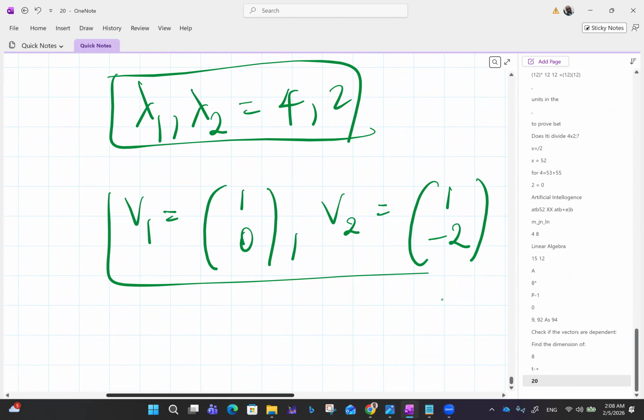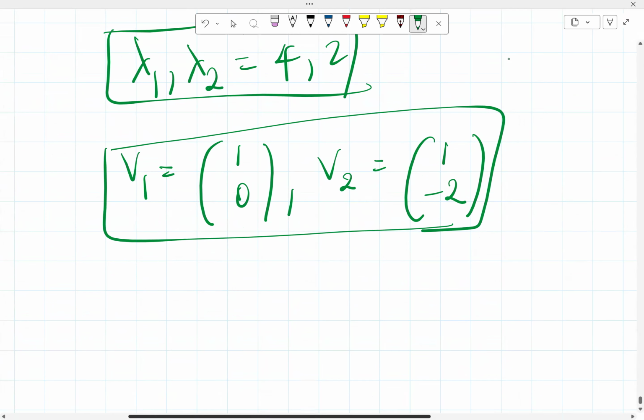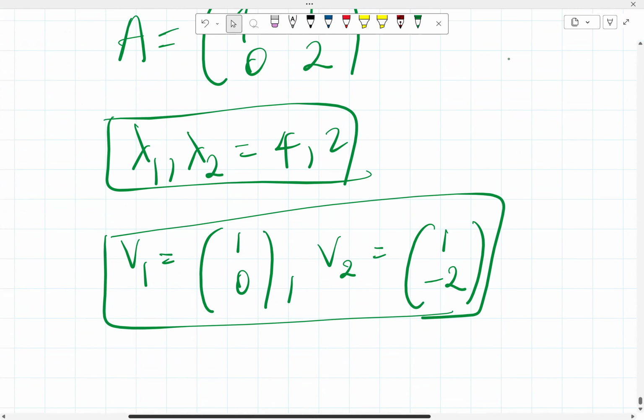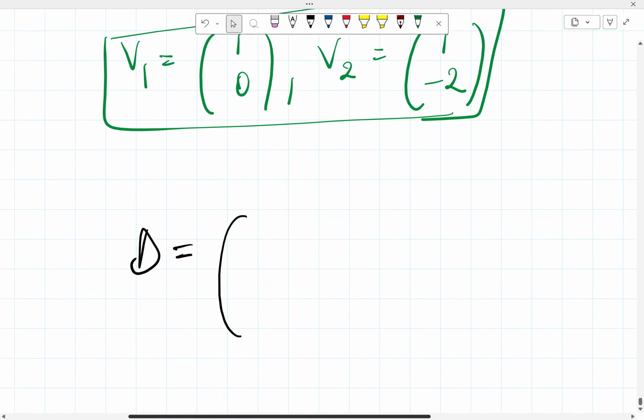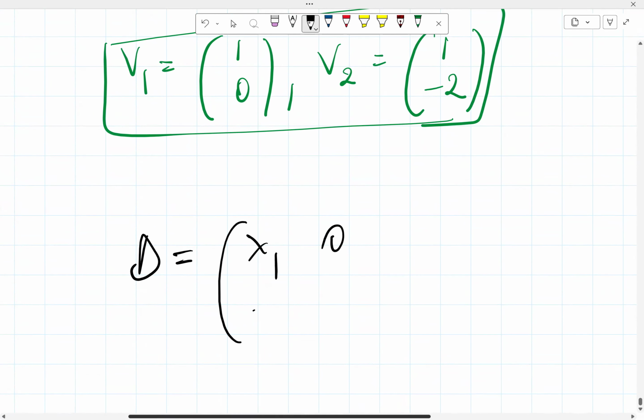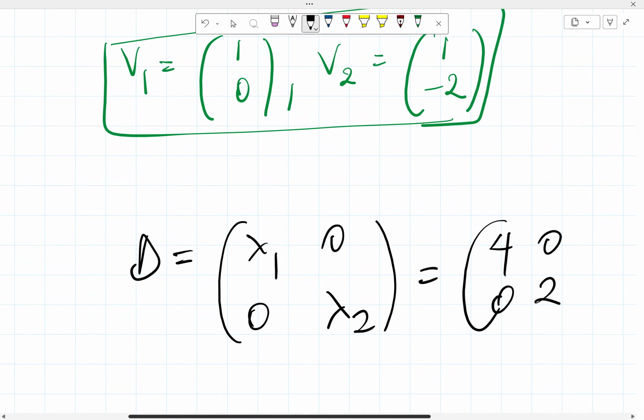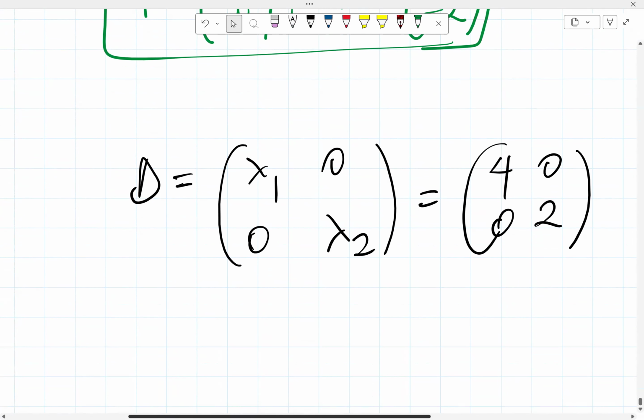What else do we need to know? We also have, so it means that we can get the diagonal matrix D to be the matrix of eigenvalues. So this is lambda 1, 0, 0, lambda 2. So this is simply 4, 0, 0, 2. Or if you like 2, 0, 0, 4, anyhow.